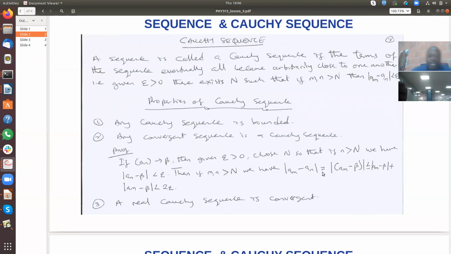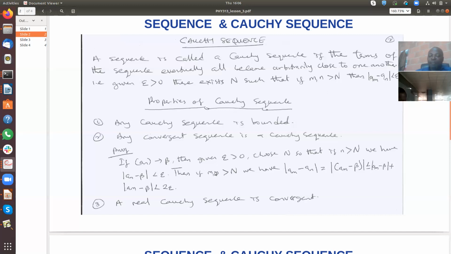So now let's look at how to prove this. If a_n tends to beta, then given that epsilon is greater than 0, choose N such that if n, small letter n, is greater than capital N, we have the modulus of a_n minus beta less than epsilon. Meaning that by the time you take the difference between these corresponding terms, the result must be less than epsilon.